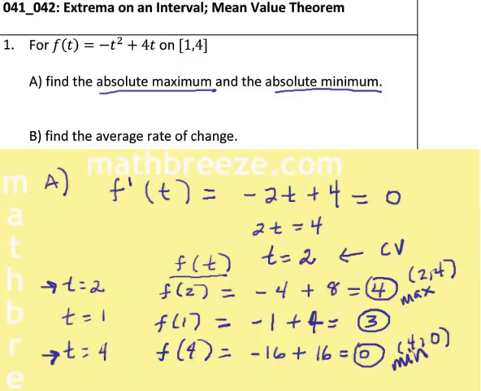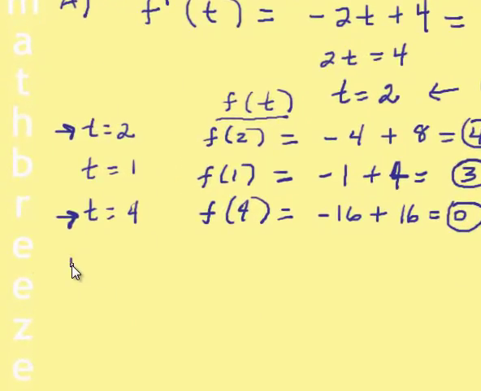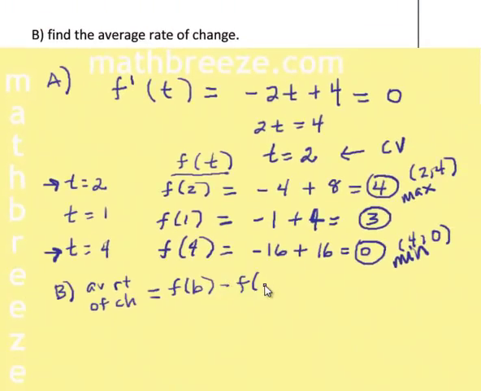All right, now in part B, we want to find the average rate of change. So let's remember the formula for that. Average rate of change, and we're talking about on an interval, let's say [a, b], that would be (f(b) - f(a)) over (b - a).